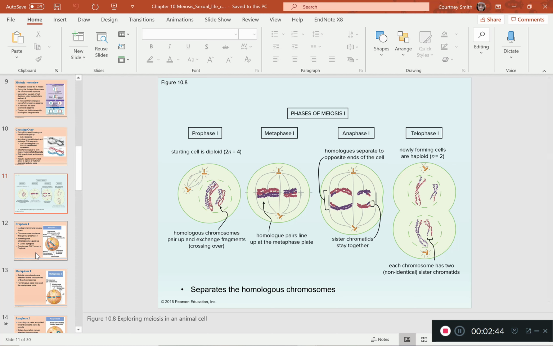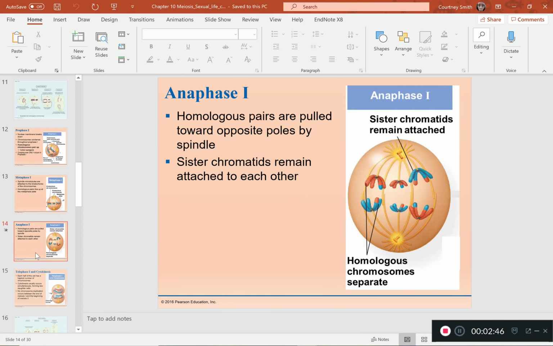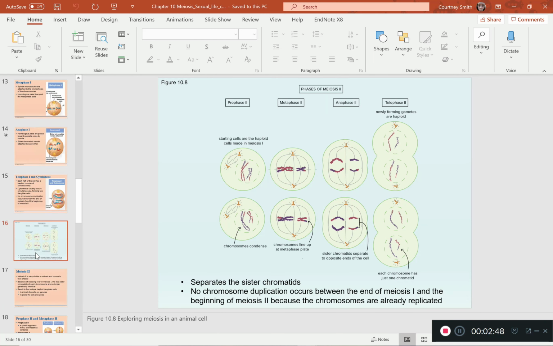Now let's go into meiosis 2. Meiosis 2 picks up right where we left off with 2 cells. The difference between prophase 1 and prophase 2 is that crossing over will not occur. Crossing over only occurs in prophase 1.